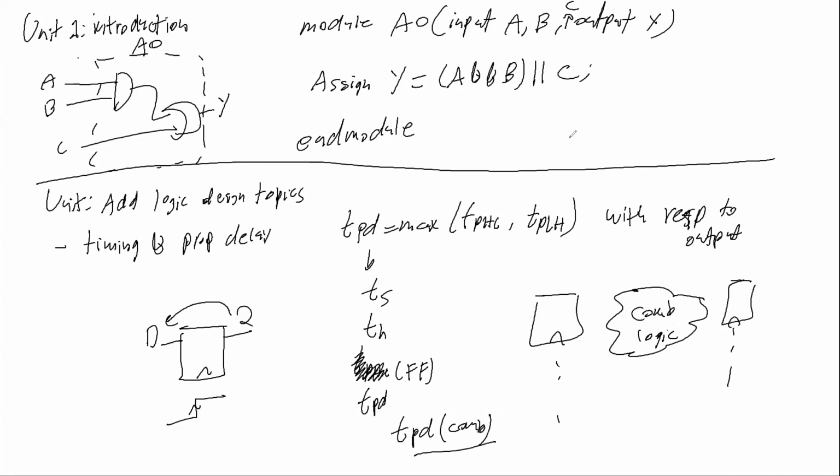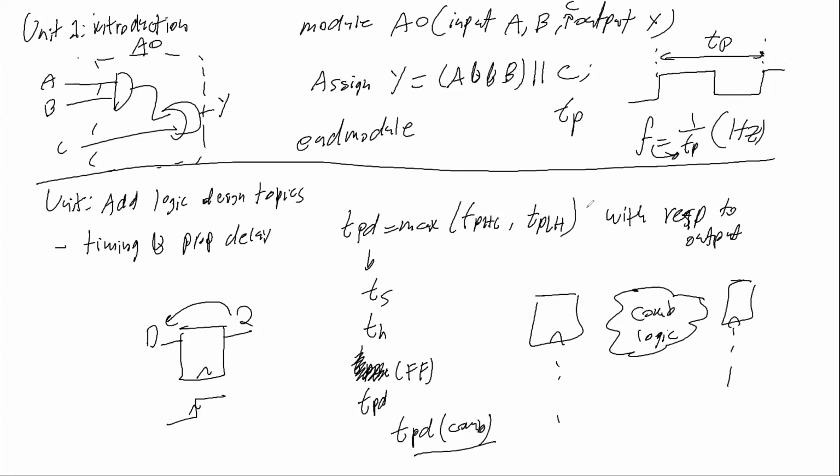We also defined TP as the period of the clock, if you have a clock signal. So the time of the clock going 1 to 0 back to 1 again, this is TP. We also said that frequency is equal to 1 over TP, and frequency is measured in hertz. If I give you frequency, you need to convert to TP, so you can apply the equations.